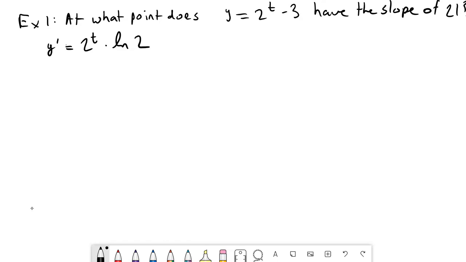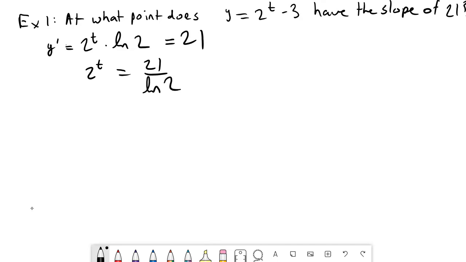When does this, which is the slope formula, have the slope of 21? In other words, when is it equal to 21? We want to just basically solve for t. This is just a good review of solving equations that deal with exponentials and logs, but there's no logs in this case, it's just exponentials. So let's isolate the thing that has t with it.